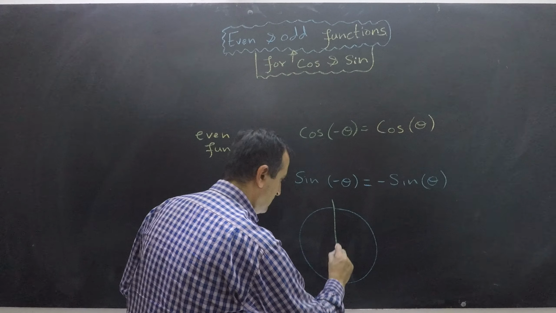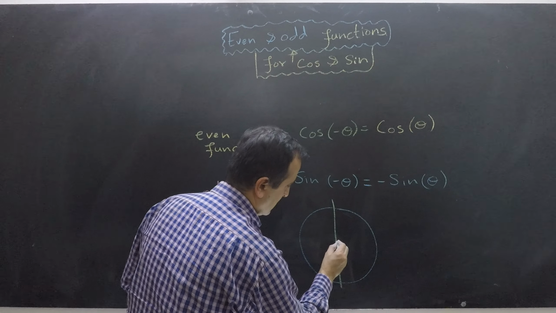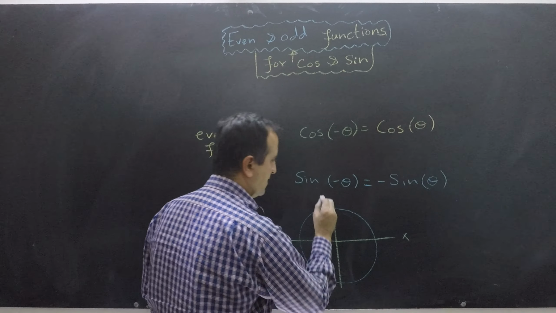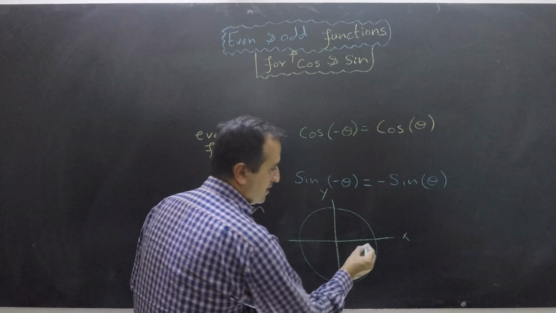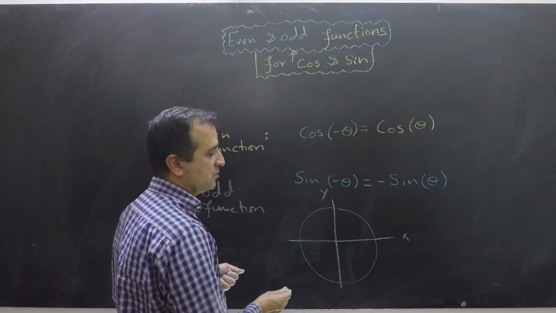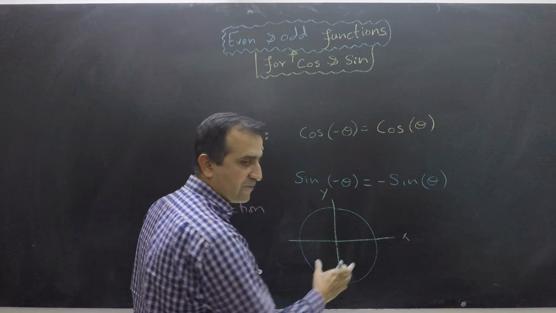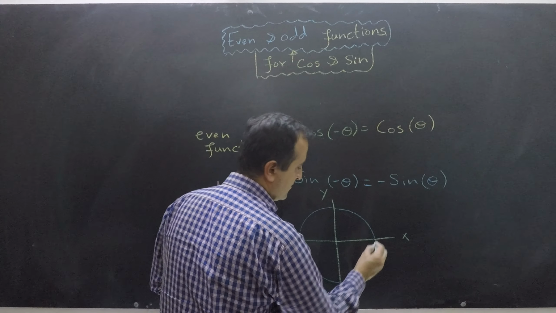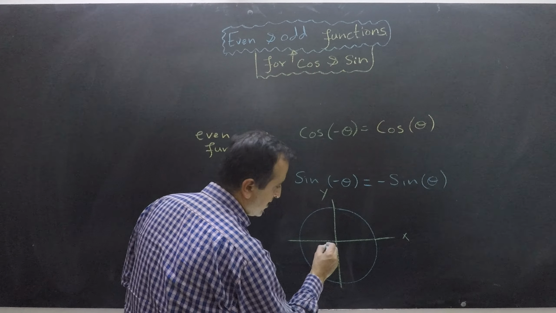Then I have my x-axis and y-axis here. Because it's a unit circle, its radius is equal to 1. This is our origin, the point 0, 0.